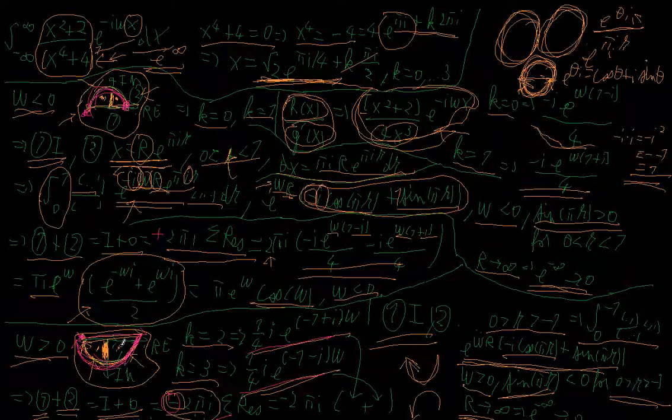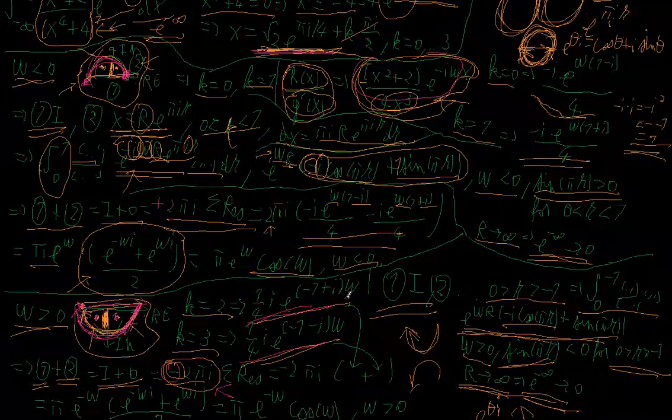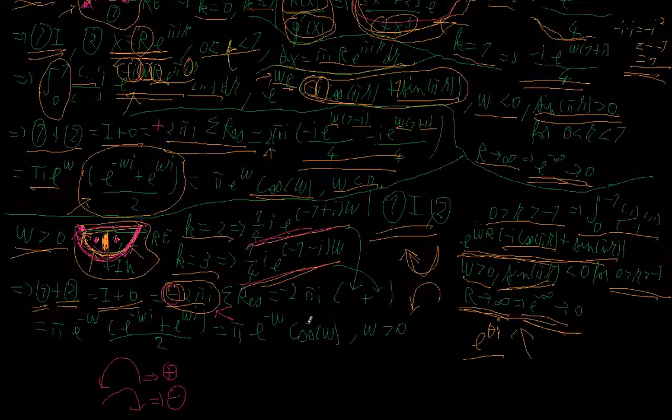Not 1 or 0, but 2 and 3, because only those two are in this region in the lower half plane. We managed to use this residue formula and this value for k equal to 2 and 3 to get those two residues, as in the first part, similarly for the two other cases.